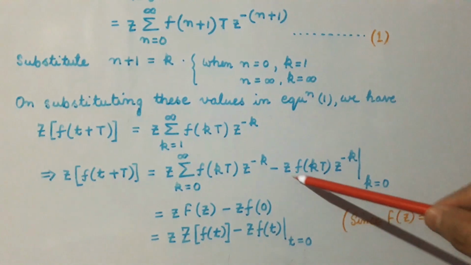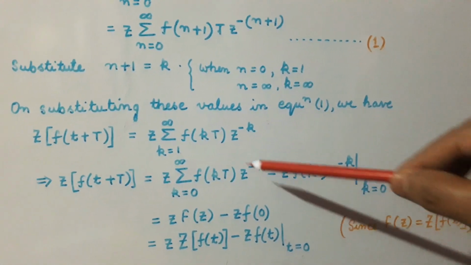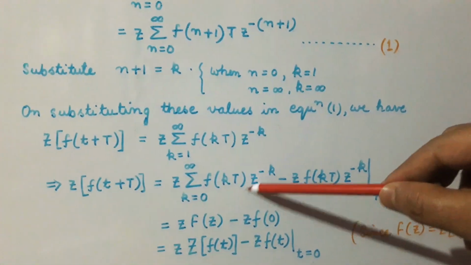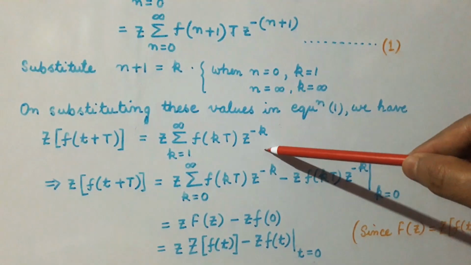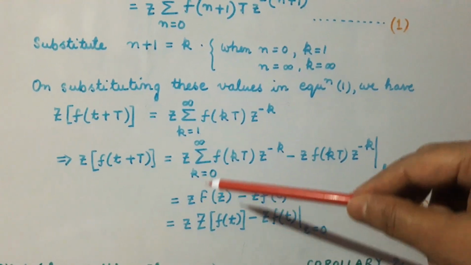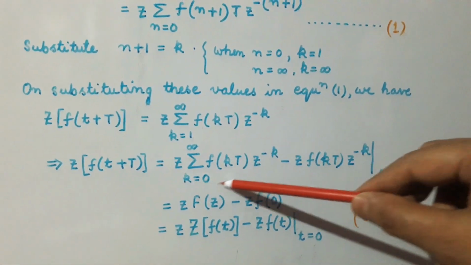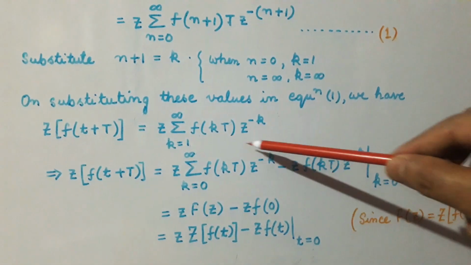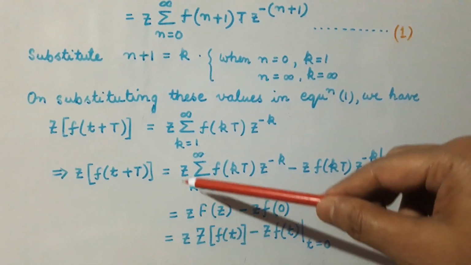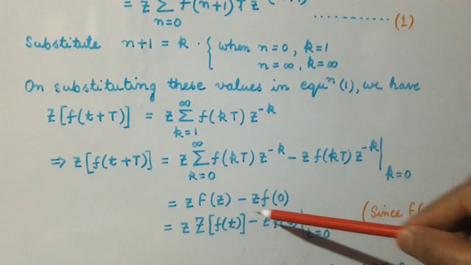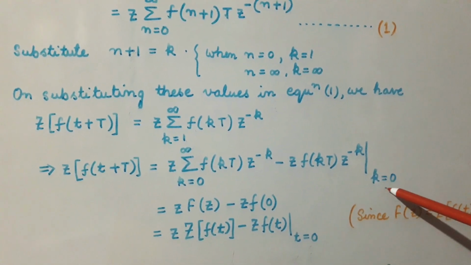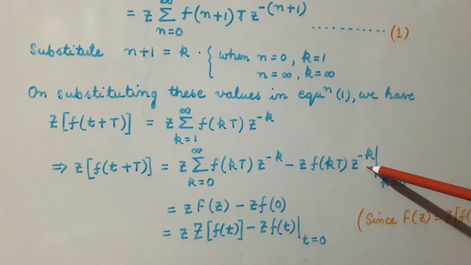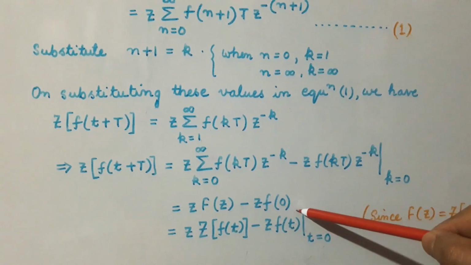So we have subtracted this term, so that we will get the same thing as this expression. So this can be written as the z transform of this function. So we can write this as zF(z) minus z times f(0), because if we substitute the value of k equal to 0 in this expression, it will come out to be f(0).